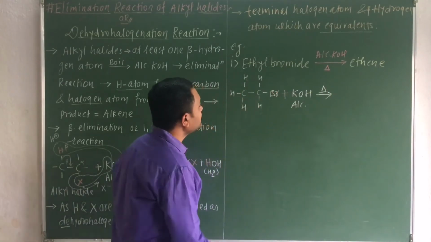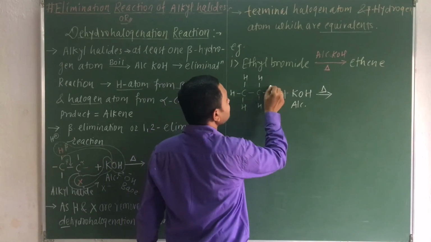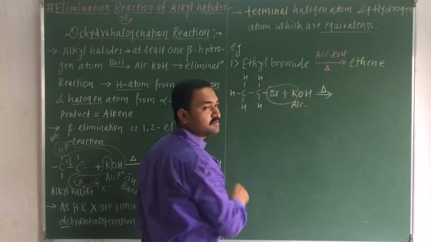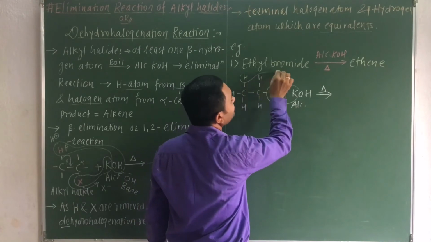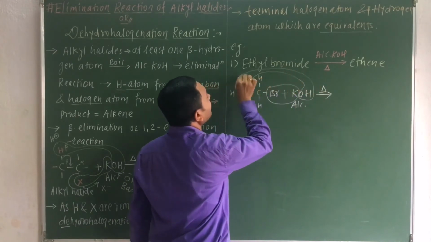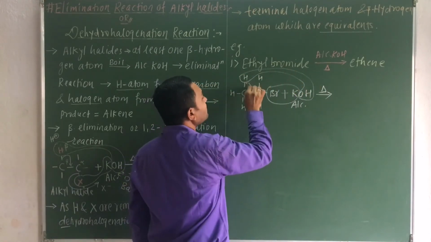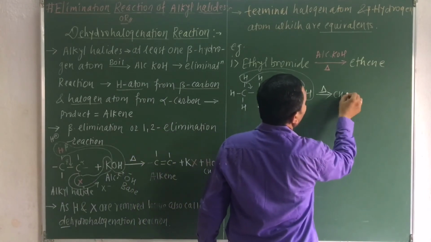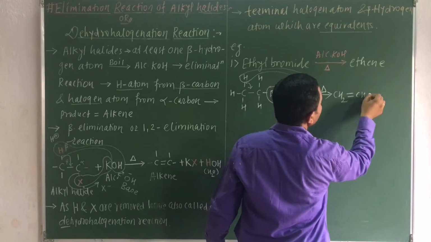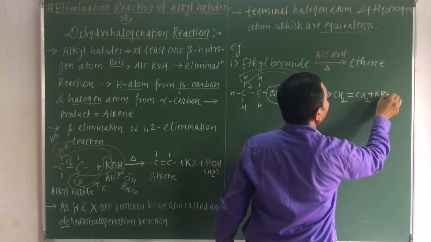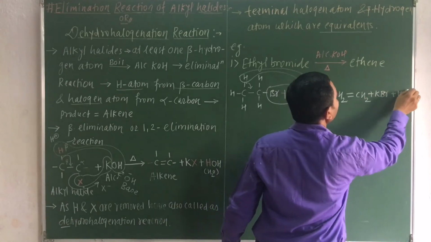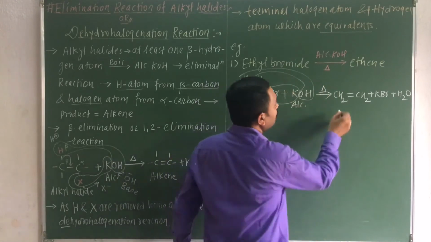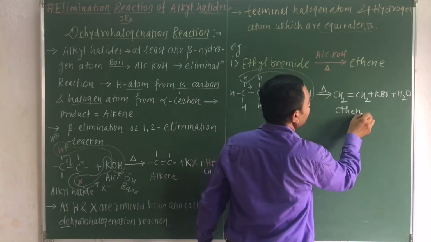Now obviously there will be the removal of this halogen atom and the hydrogen atom from your beta carbon atom. This bond will shift here. So this leads to the formation of your CH2 group plus KBr, potassium bromide, plus we will get the byproduct as water. So this is your ethene.